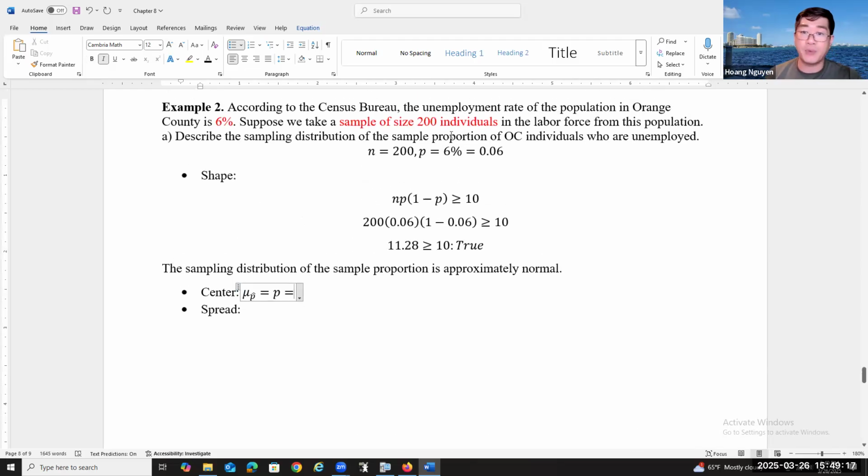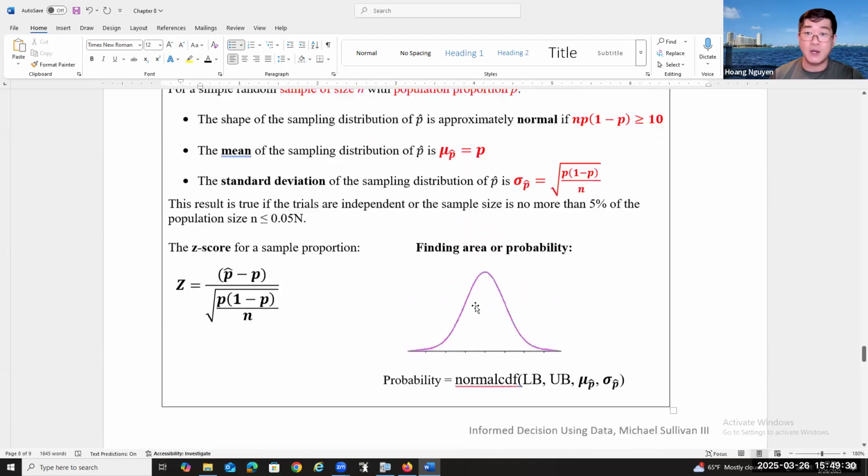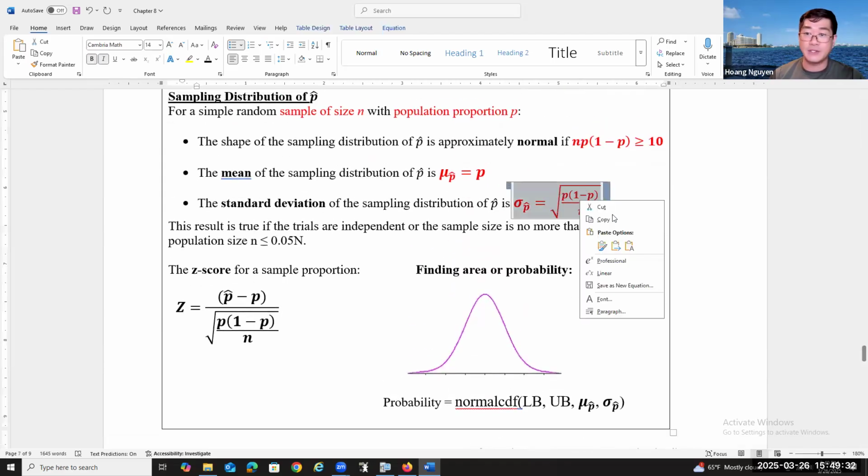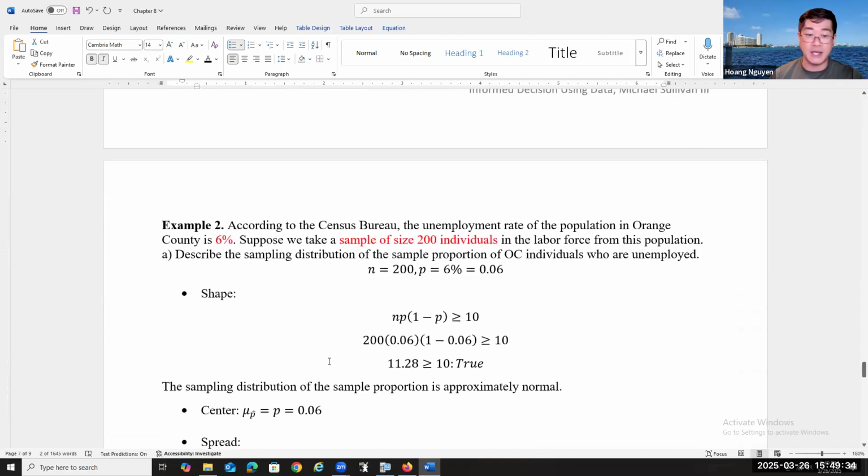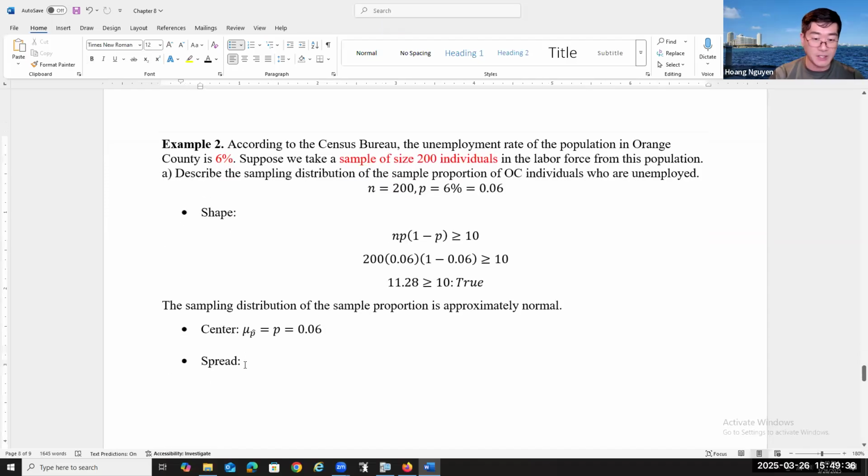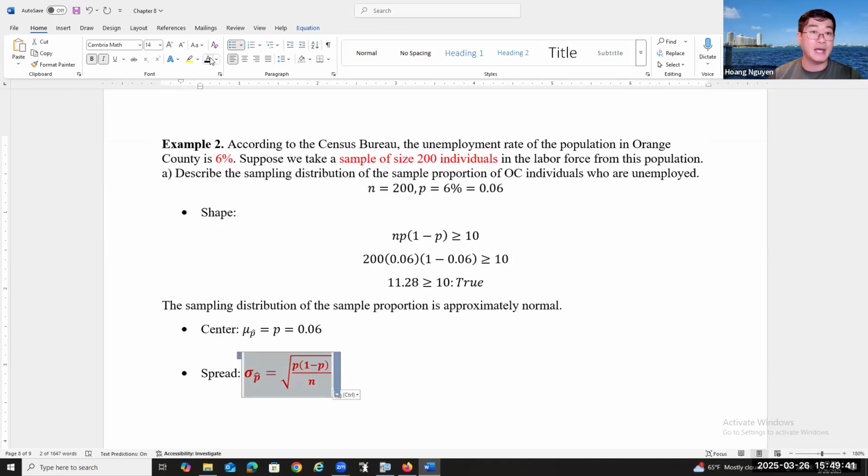And what's the value for the population proportion? We have the population proportion is 6%. Okay, so 0.06. So we got the mean equals 0.06. How about the spread or the standard deviation? Okay, so this is the formula to estimate the standard deviation: the square root of P times 1 minus P over n.